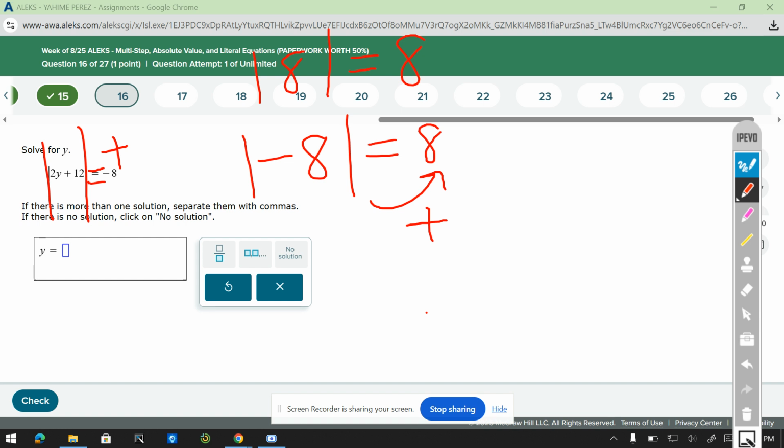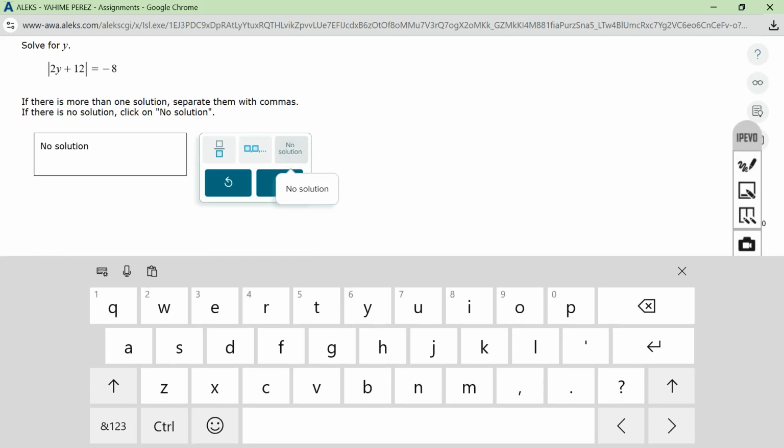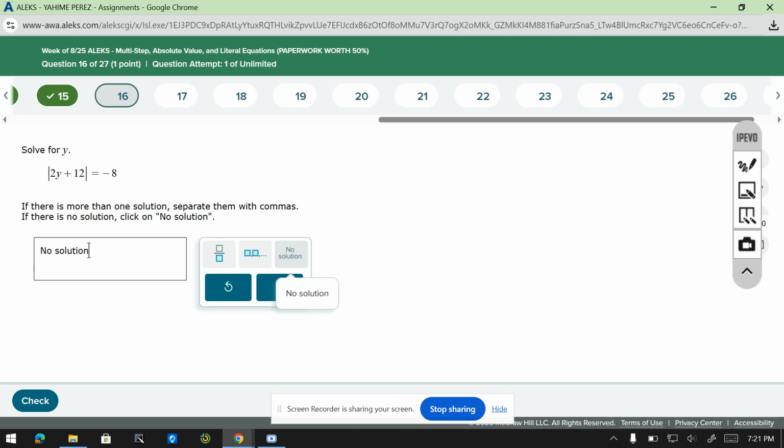In this case, we have absolute value equal to a -8, which is not possible because anything that goes through the absolute value bars has to come out as a positive. So starting off, we have absolute value equal to a negative. That means there's no solution. There's no possible way to put numbers through absolute value and come out with a -8. So this would be no solution.